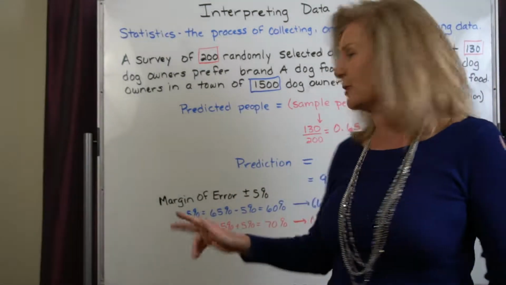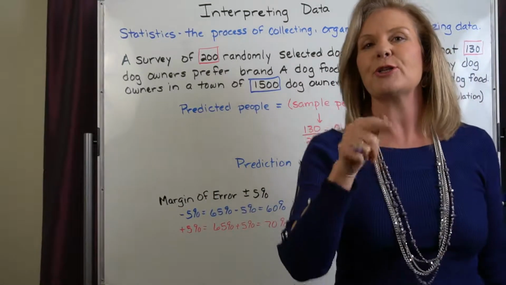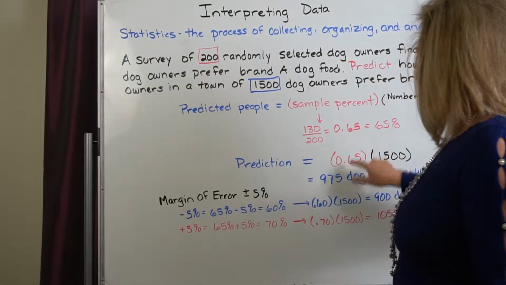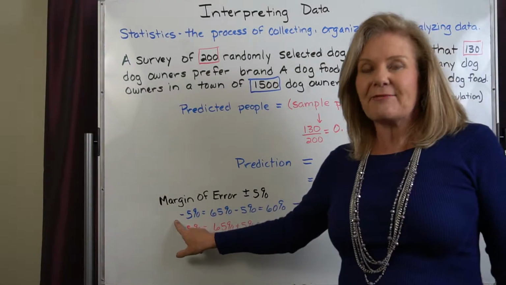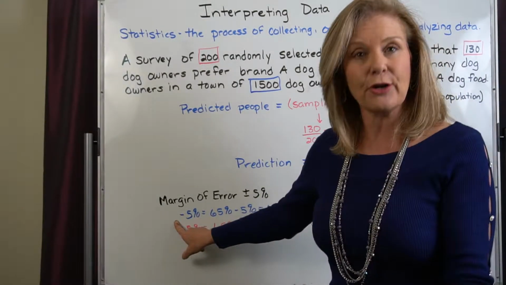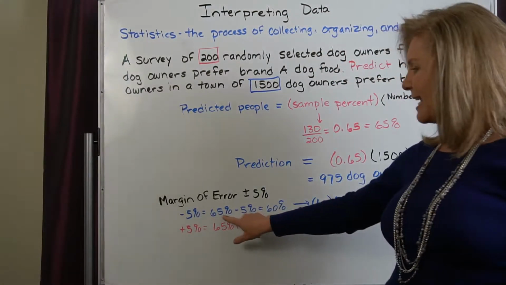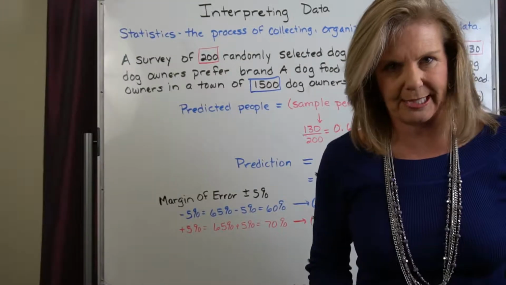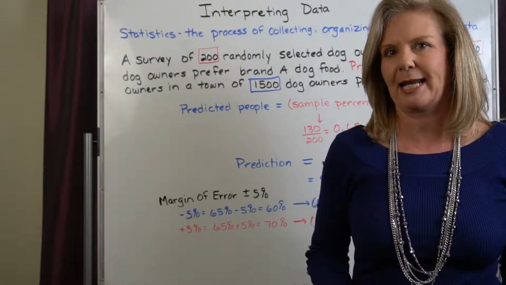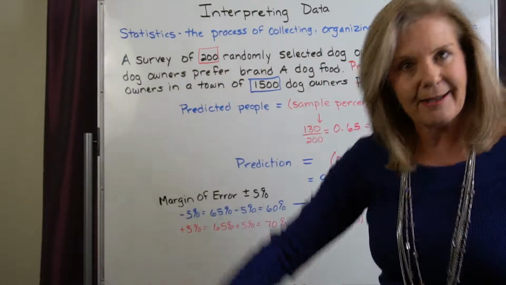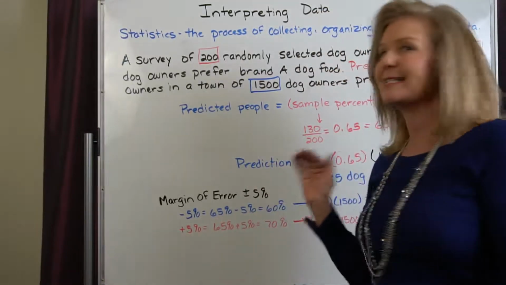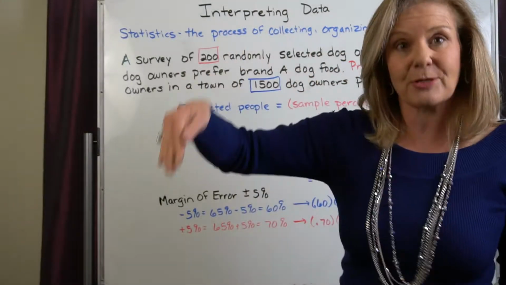And so the way we look at this, they'll say, oh, there's a margin of error of plus or minus 5%. Well, it means that if it was minus 5% in any other sample, then I could take 5% away from the 65, and that might be 60% of the people would say, yes, I like brand A. But it could be in another sample that actually more people like brand A. And so they're going to say it could go up 5% higher.